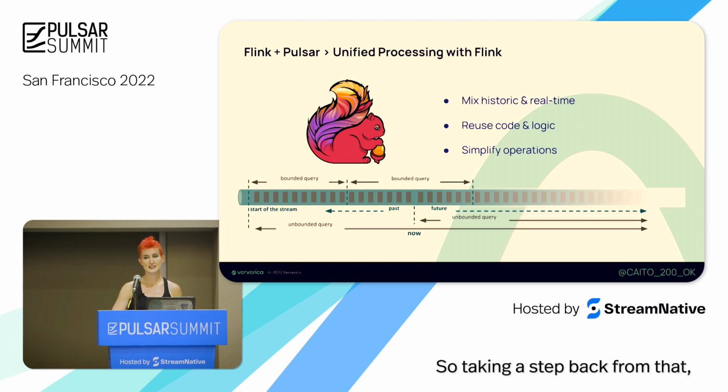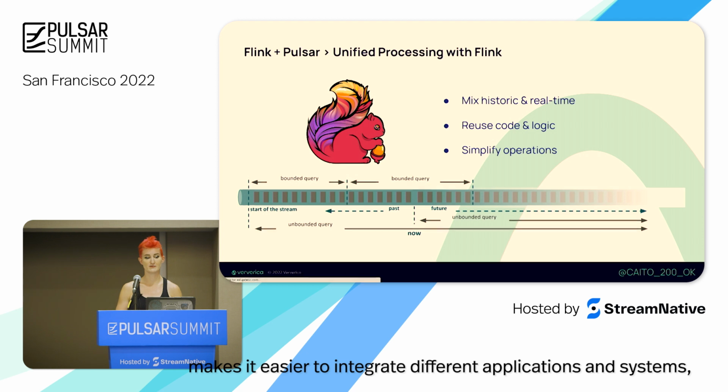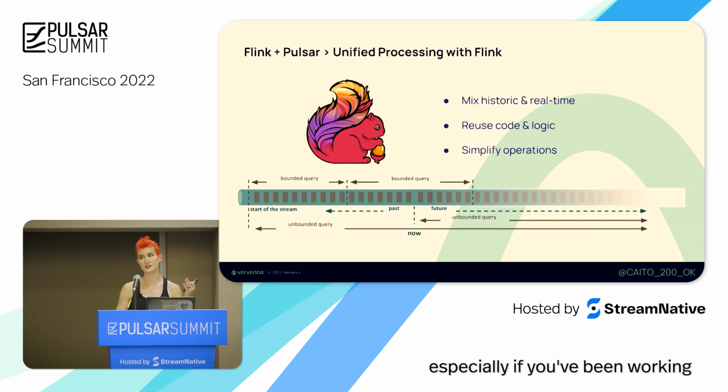So taking a step back, why is it important to have this unified solution for either of these? Unifying batch and stream processing allows users to reuse code and logic across both batch and streaming, and makes it easier to integrate different applications and systems, especially if you've been working with a lot of legacy systems. I can tell you from experience, this makes things so much less painful, which is awesome.